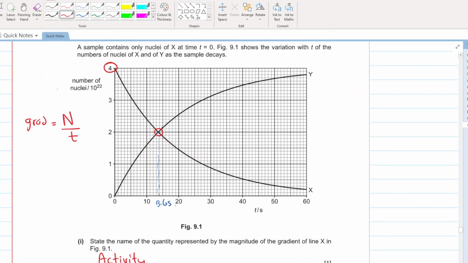At this point, you have 2 into 10 raised to the power of 22 of X and 2 into 10 raised to the power of 22 of Y. At this point, you have 3.8 into 10 raised to the power of 22 of Y and 0.2 into 10 raised to the power of 22 of X. At any given point, the total number of nuclei remains the same. This is what I am trying to say. Is it clear now? Yes or no? Tell me if this isn't clear.